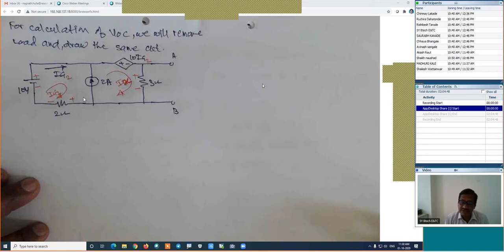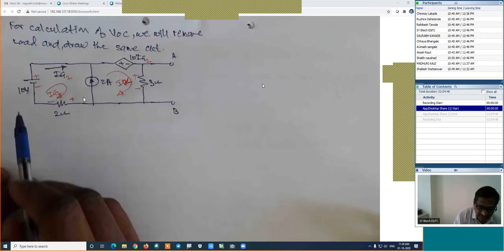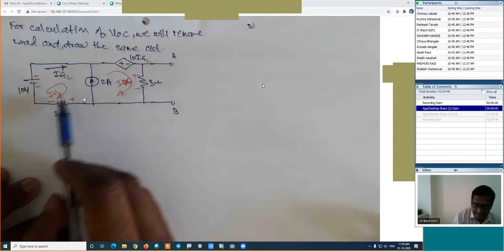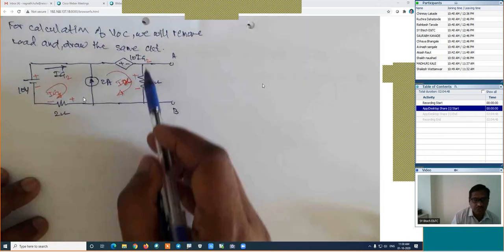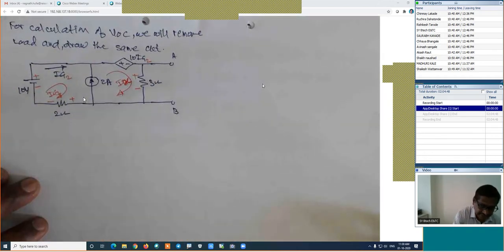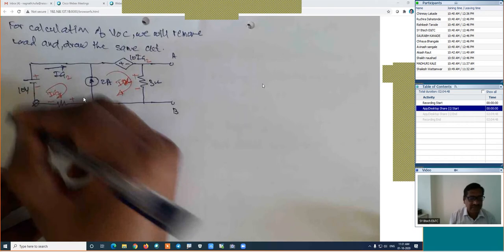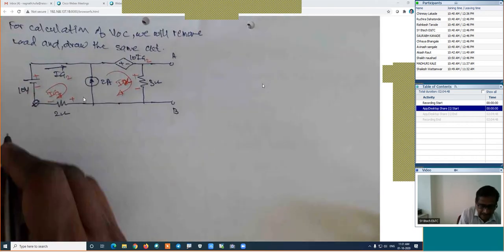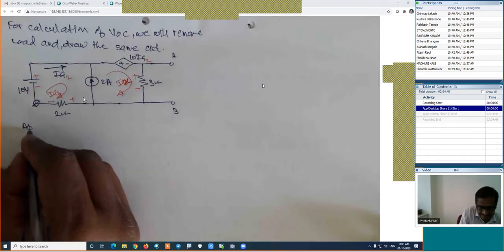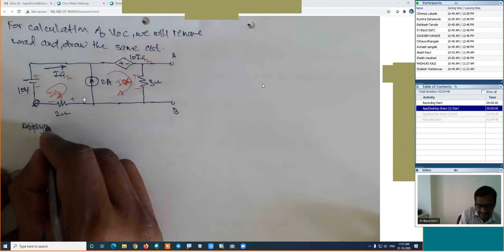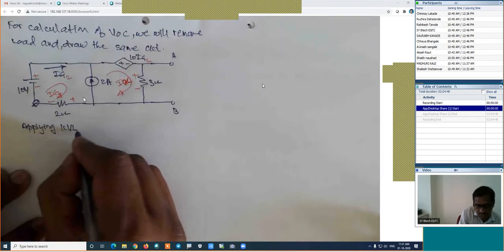That's why we can use that method also. But still, I'm using here the mesh analysis. In this case, we are not able to apply the KVL to the loop 1, KVL to the loop 2. I will take this as a super mesh, and we will apply the KVL to the super mesh, and we will start from this point.